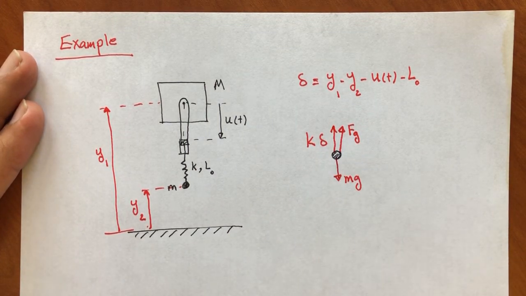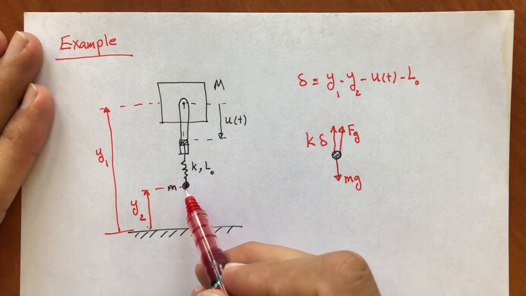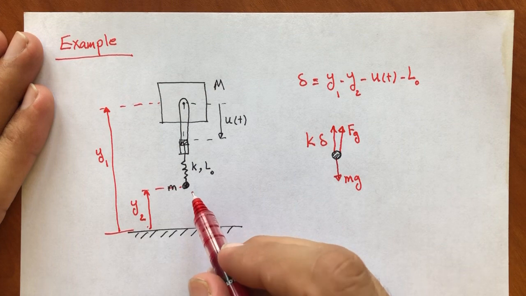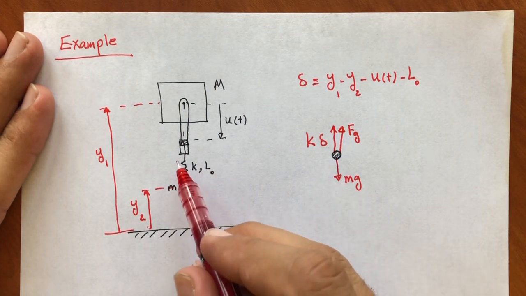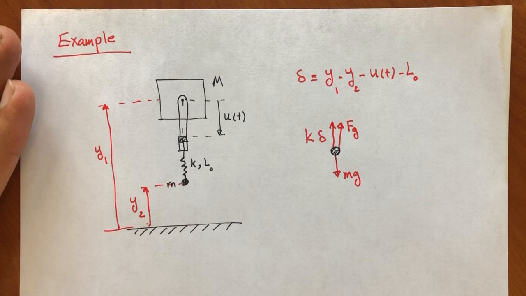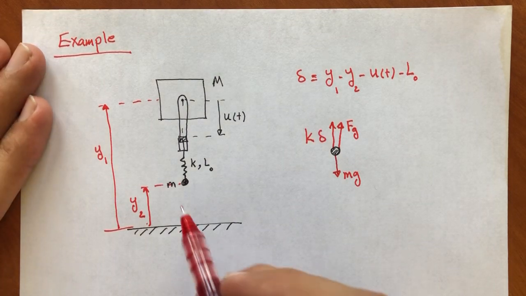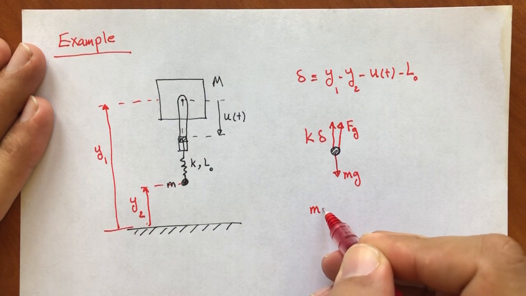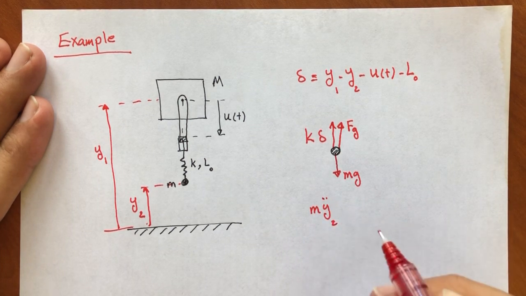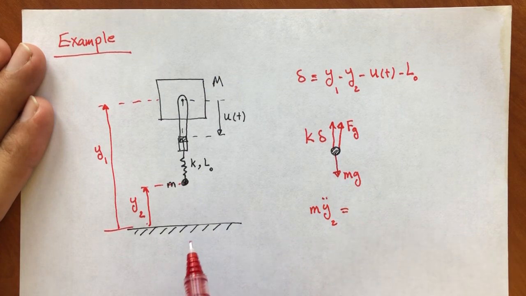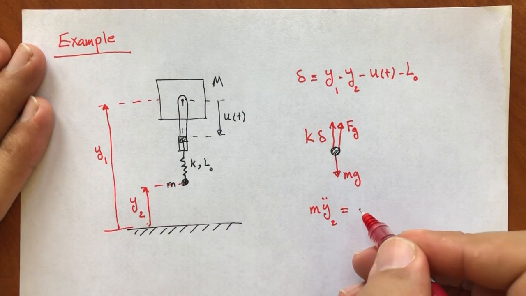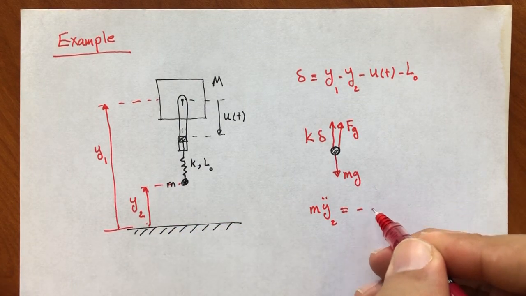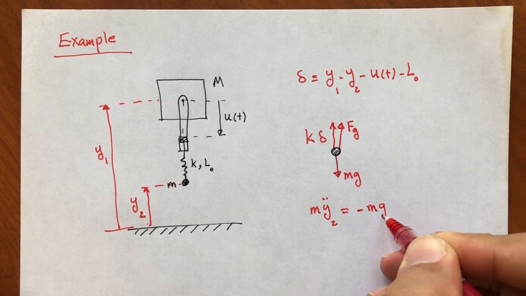So this is the free body diagram of this mass, and the only Newton equation I can use here is sum of the forces in the vertical direction is equal to mass times acceleration in that direction. So in this direction, I'm going to have m times y2 double dot is equal to the sum of the forces. We have mg downward. This is my positive direction, so that force is going to be negative.